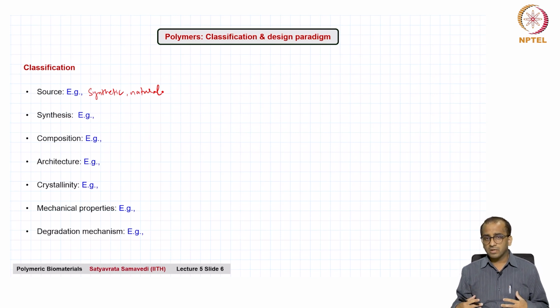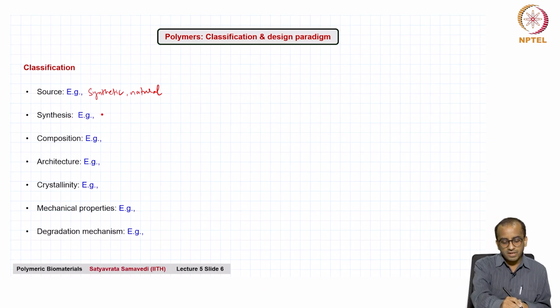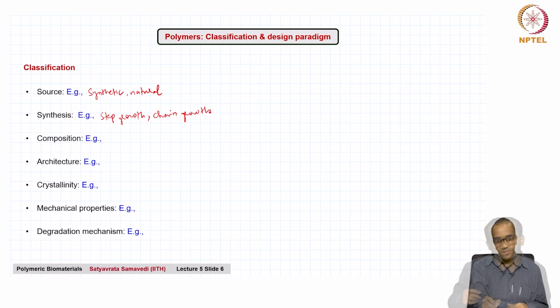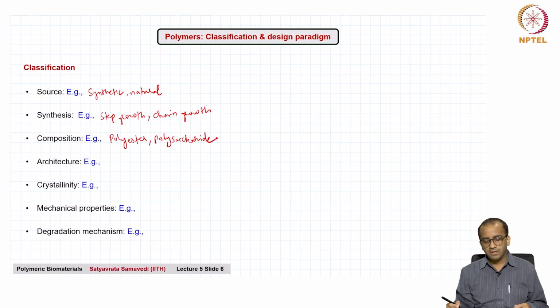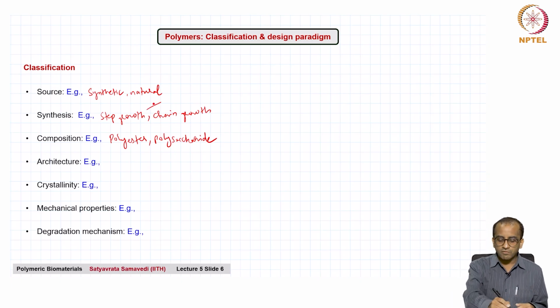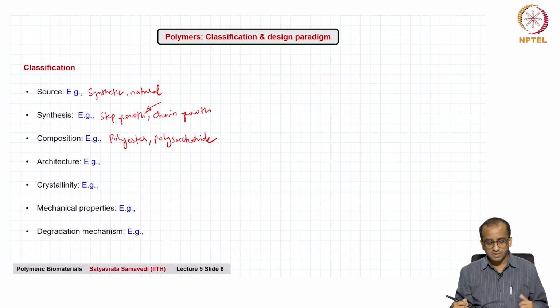If you take the synthesis route, or the manner in which the polymer is synthesized, you can have step growth polymerization or chain growth polymerization. If you look at composition, for example, you can talk about things like polyester or polysaccharide. Polyester we saw the example of polyglycolic acid, polysaccharide we saw the example of cellulose. Nylon, which we saw earlier, is an example of a polymer that is prepared using step growth synthesis.